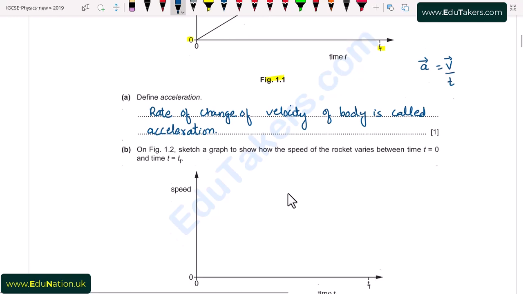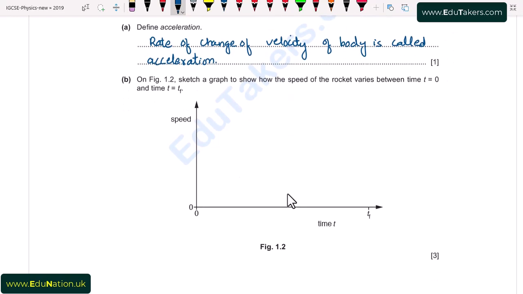Part B. On Figure 1.2, sketch a graph to show how the speed of the rocket varies between time t equal to 0 and time t equal to tf. Here we have to show how the speed of the rocket varies when the acceleration-time graph is given.